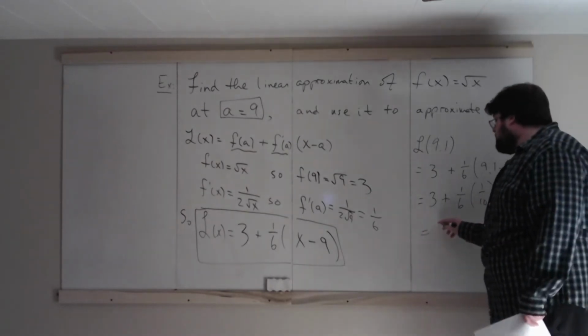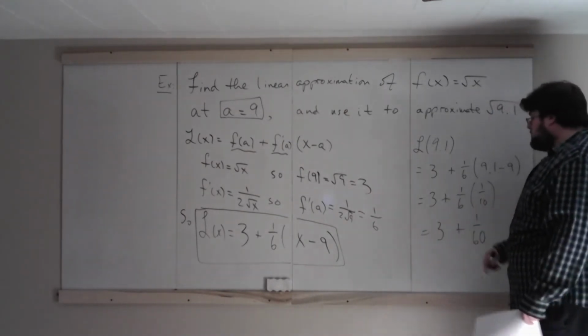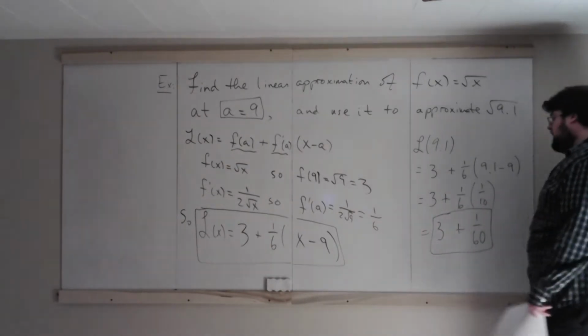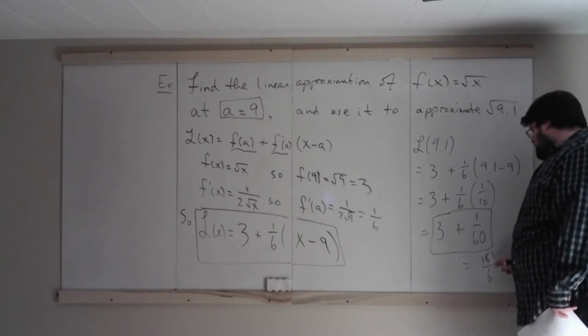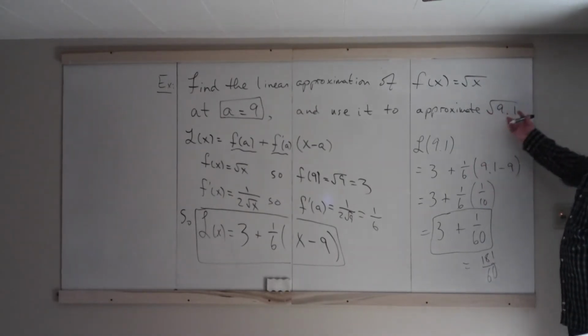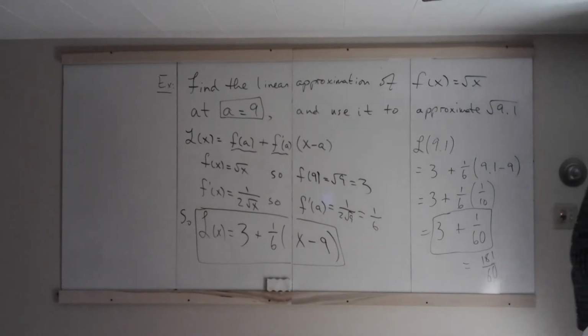So you have 3 plus 1/60th. I'm okay with this answer written like that. You could write it as 181 over 60 if you want. I like this answer more, because it tells you the answer is 3 and then a little more than 3. But you could write it as 181 over 60 if you want.